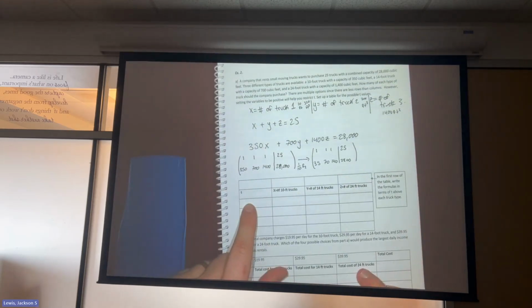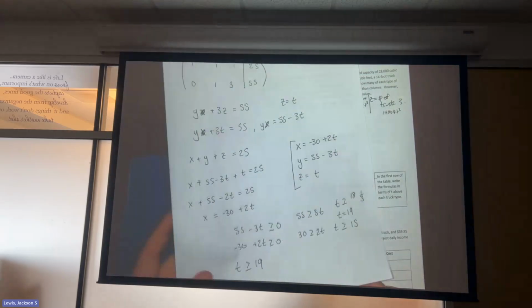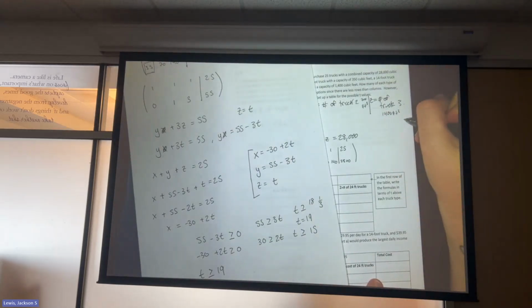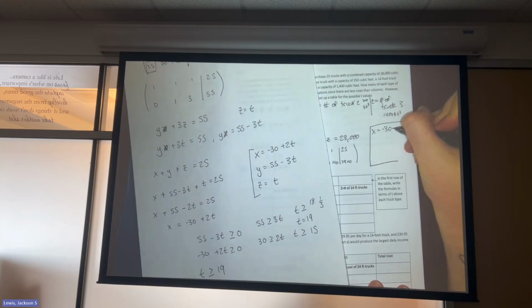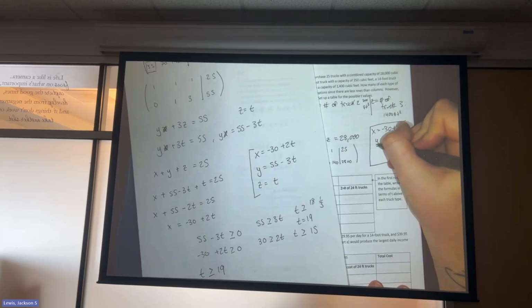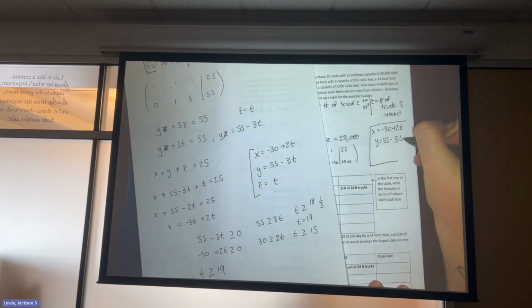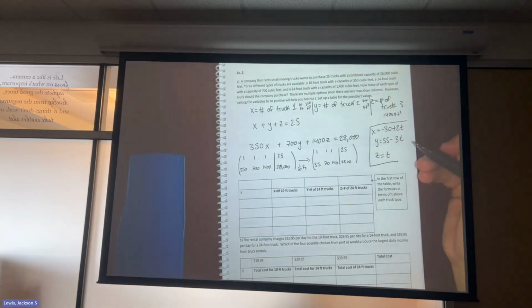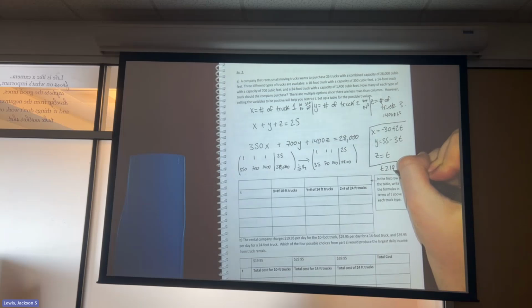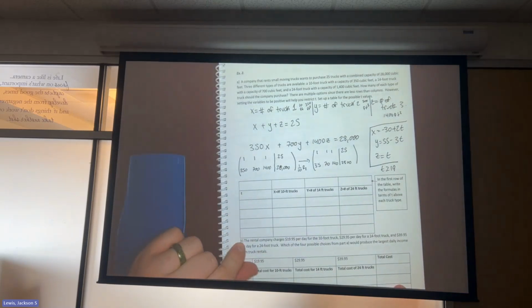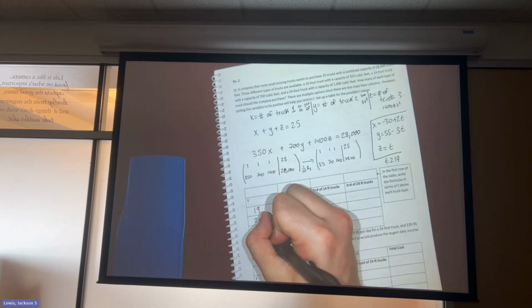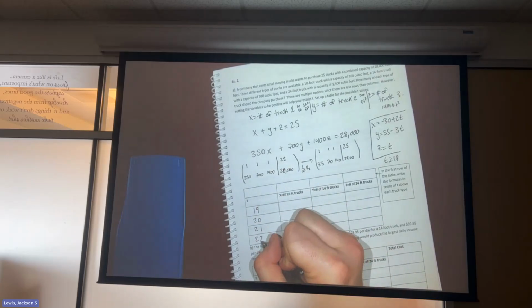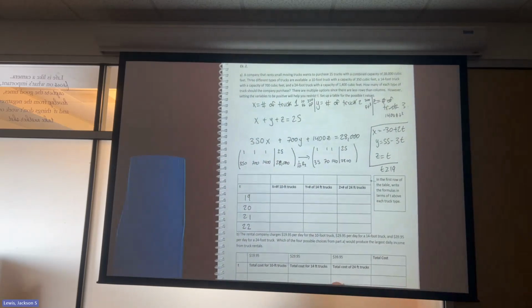So I said t is greater than or equal to 19. Let me write this down on the paper so I don't have to re-reference. X equals negative 30 plus 2t, y equals 55 minus 3t, z equals t. And t greater than or equal to 19. So I can take some possible values of t, maybe 19, 20, 21, and 22, and fill out this chart.